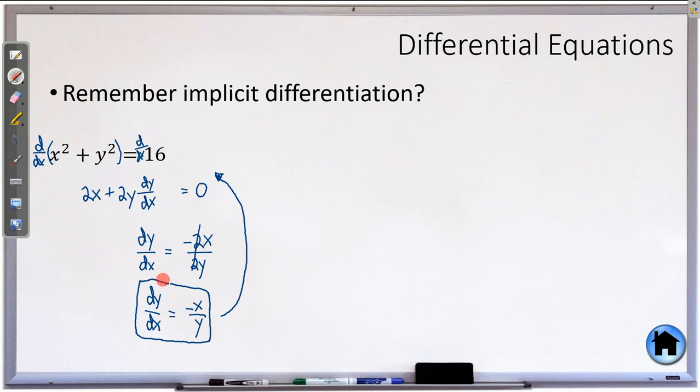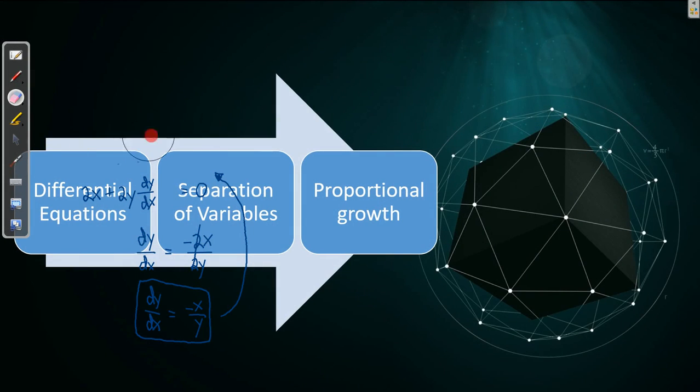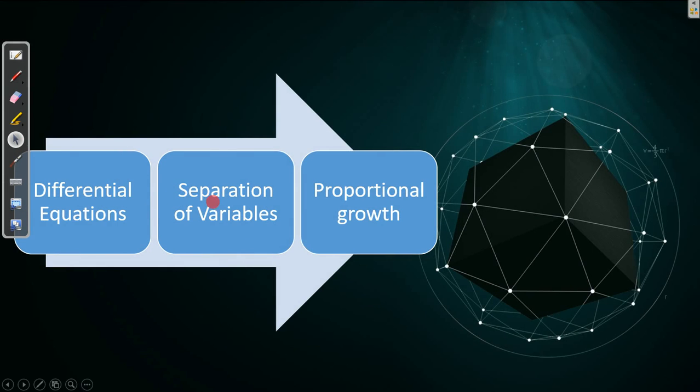Whenever you see an equation with a derivative in it, that is technically called a differential equation. Now, how do we go from the bottom back to the top? Well, we have one main strategy for that in this course called separation of variables. That's how we're going to go backwards.